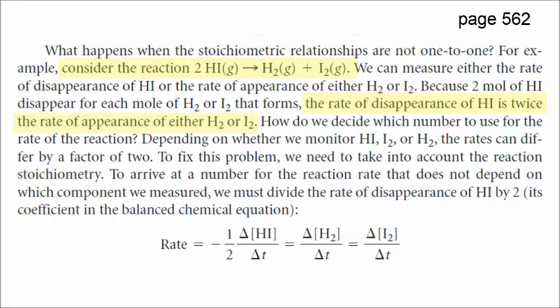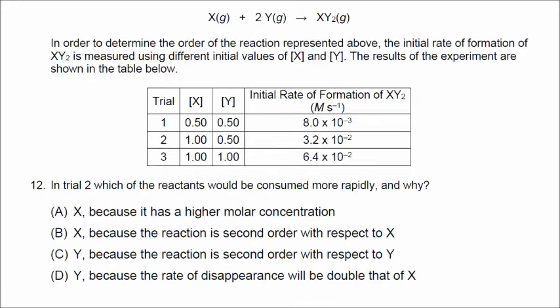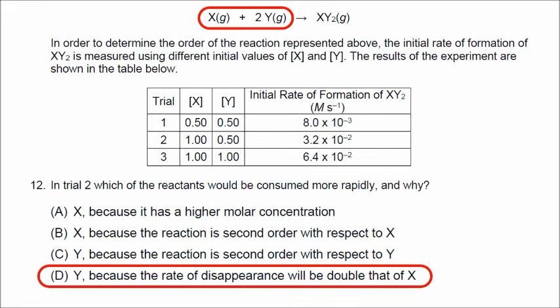This is just based on the stoichiometry and the molar relationships. So we're looking at the fact that in the balanced equation, 1 mole of X is consumed, but 2 moles of Y are consumed. So therefore, the amount of Y should disappear twice as fast as the amount of X. So the correct answer is D, just based on stoichiometry and mole ratios.